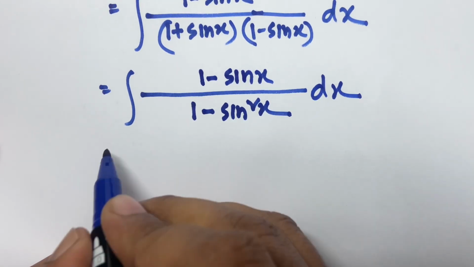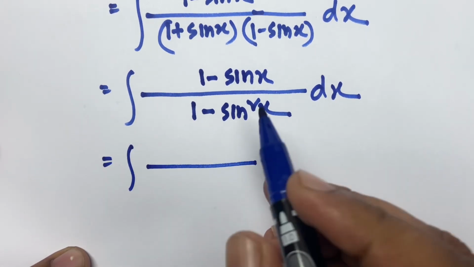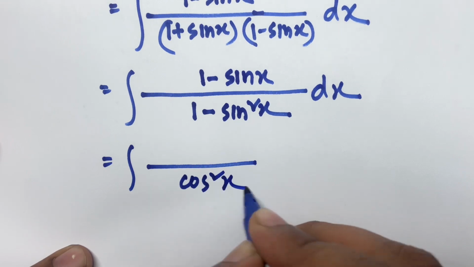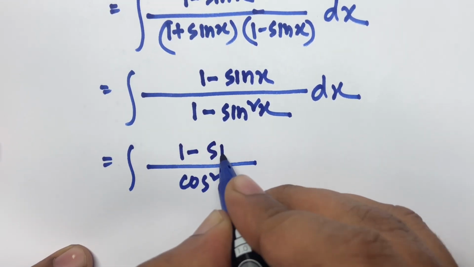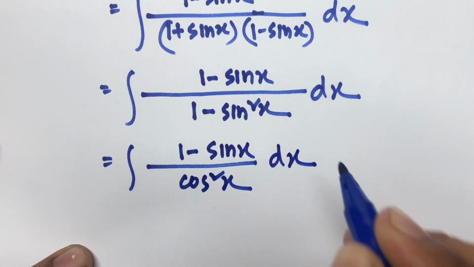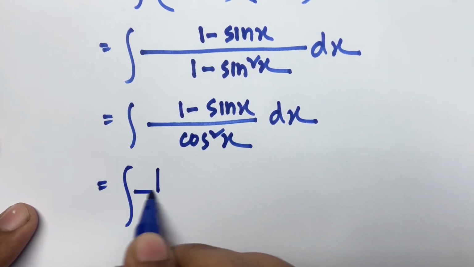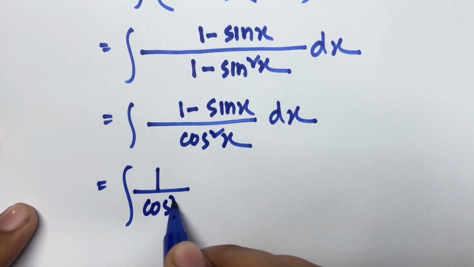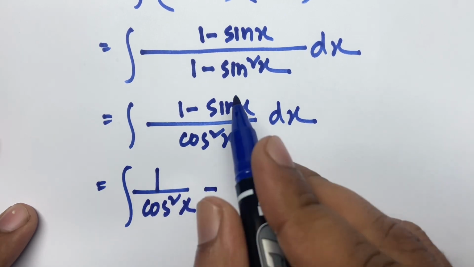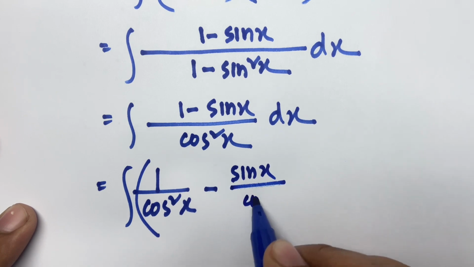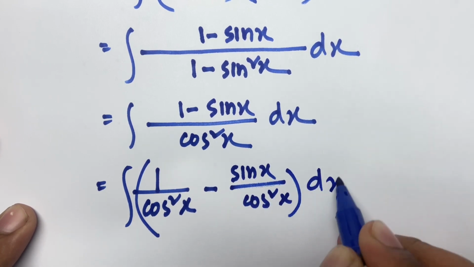Now, we know that 1 minus sin square x equals cos square x, and the numerator is 1 minus sin x dx. Now, integral of 1 over cos square x minus sin x over cos square x dx.